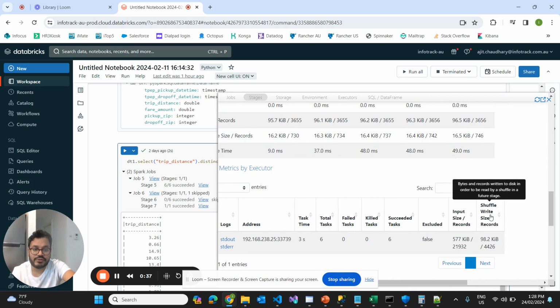If you see here, shuffle write happens on stage 1. The candies get distributed among your executors, then the shuffling happens, and that shuffled data gets written to your disk.